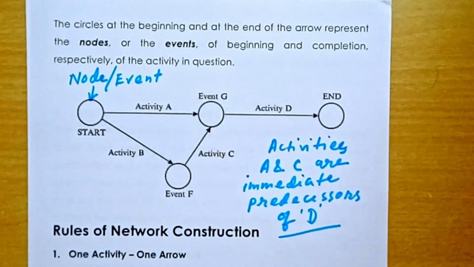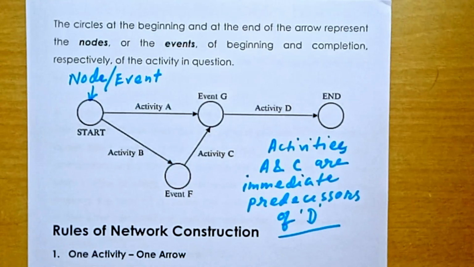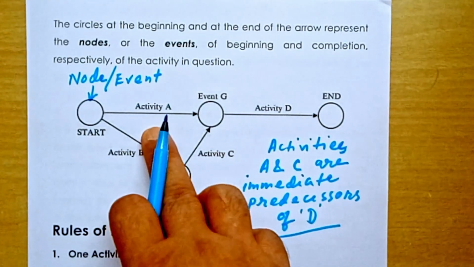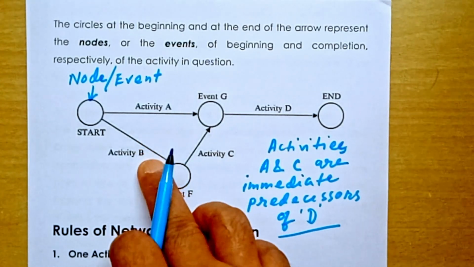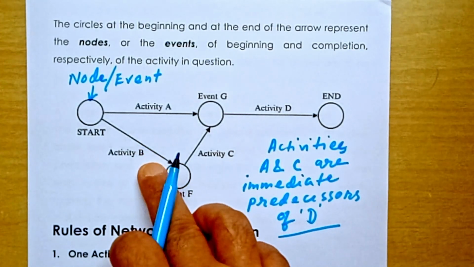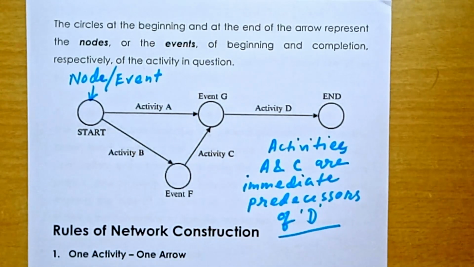Now, the important thing to take note of here is that preceding activities must be completed. Before activity D is started, the project managers or project executors must ensure that activities A, B, and C are completed.